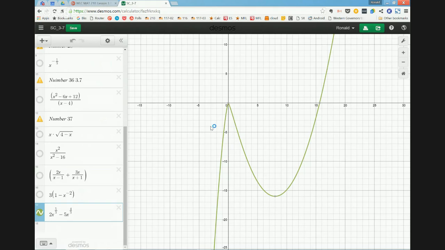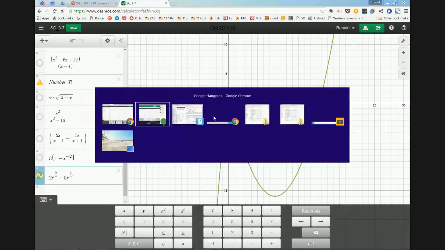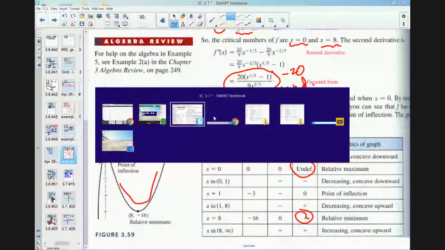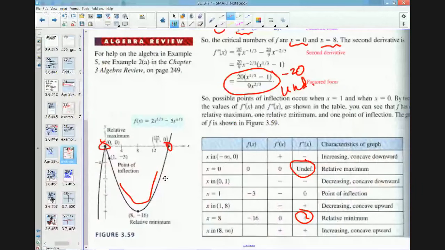And any curve that has a derivative is, I mean, why did the second derivative come out to be undefined? Because of this point. As you know, real normal functions don't have a point like that. So anyway, it kind of confirms, if you look back, that's pretty much what we found out.